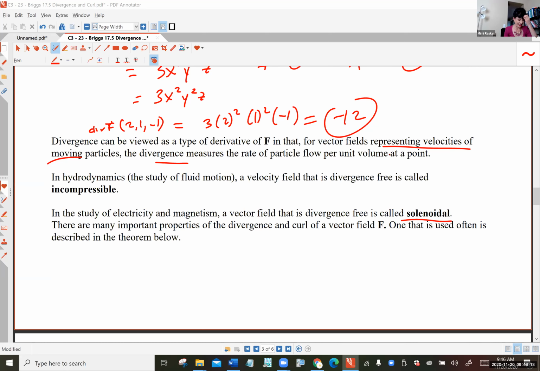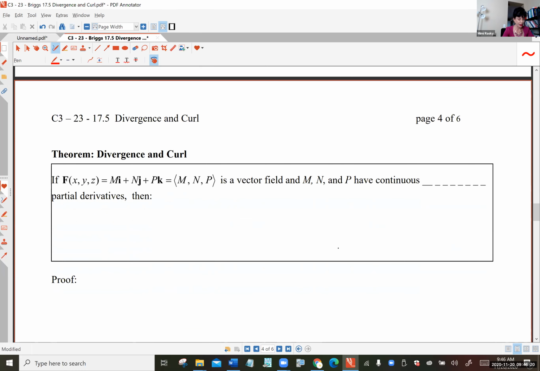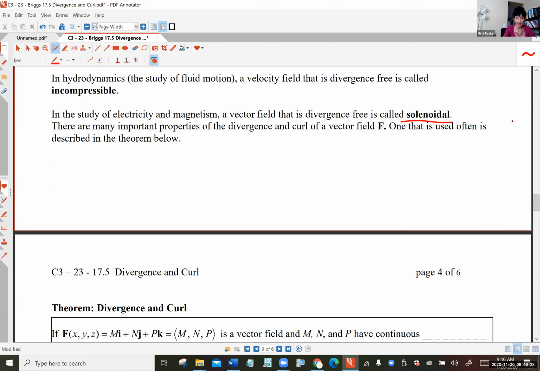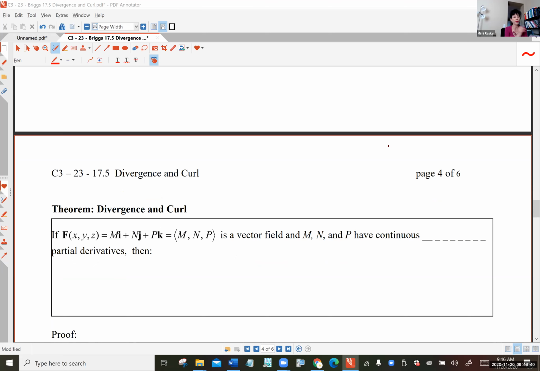Okay. There are many important properties of divergence and curl. Go take a physics class if you want to get the full Monty there. So let's do the theorem for divergence and curl. Do these two things have any relationship to each other? Is divergence related to curl, or is curl related to divergence, or do they have nothing to do with each other? Well, there is some relationship. There are two biggie theorems that I want you to keep your eyes on. I'm going to call this biggie theorem number one.